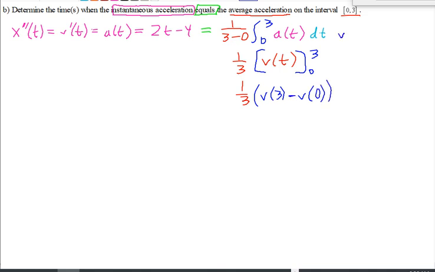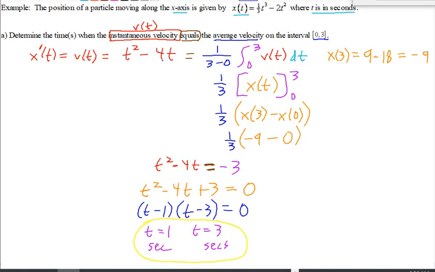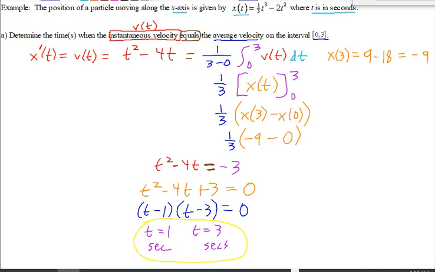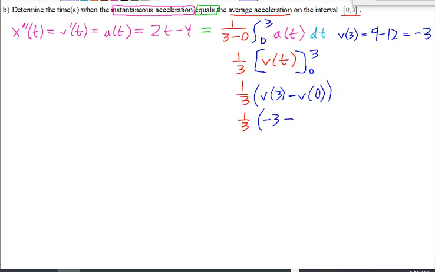And v of 3, if we look back at our velocity function from part A, which was t squared minus 4t, that'd be 3 squared is 9, minus 4 times 3 is 12. So 9 minus 12 gives you negative 3. So you got 1/3, v of 3 is negative 3. And v of 0, if you substitute in 0 into our velocity function, it wipes out everything. So that's just 0. So we have negative 3 times 1/3 is negative 1.